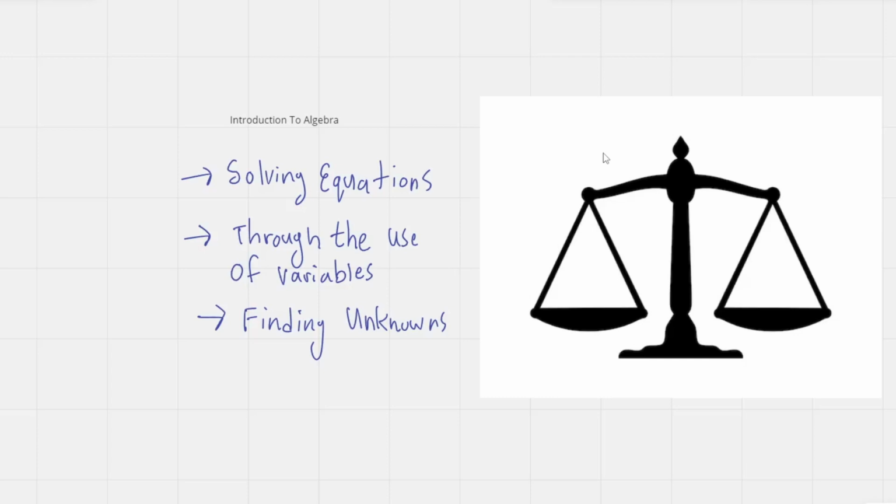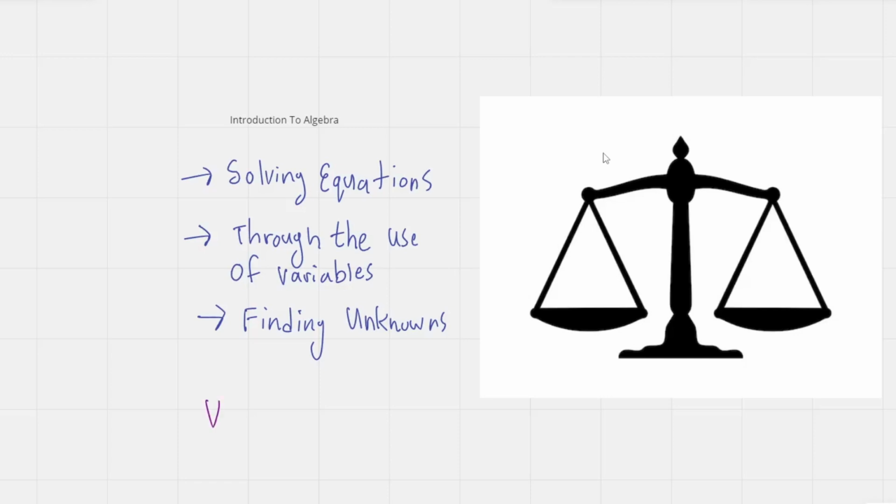So let's start with what exactly variables are. You can state variables as any letter used to represent an unknown quantity. So let's say I don't know what something is, right? Say I don't know how many of something there are, or how long it takes to do something, whatever. These things could be represented with a letter, and those are called variables.